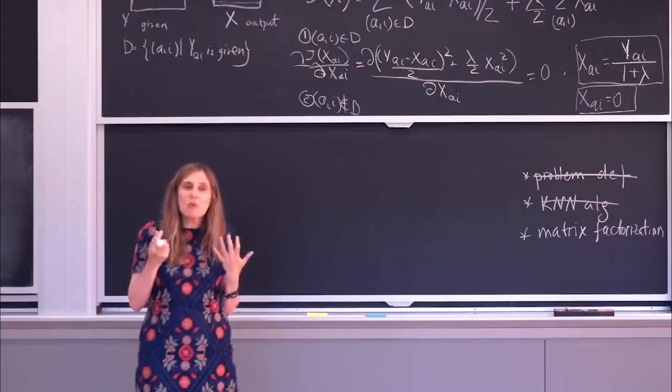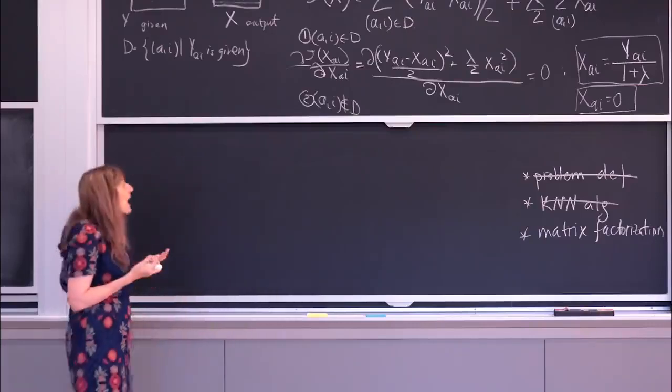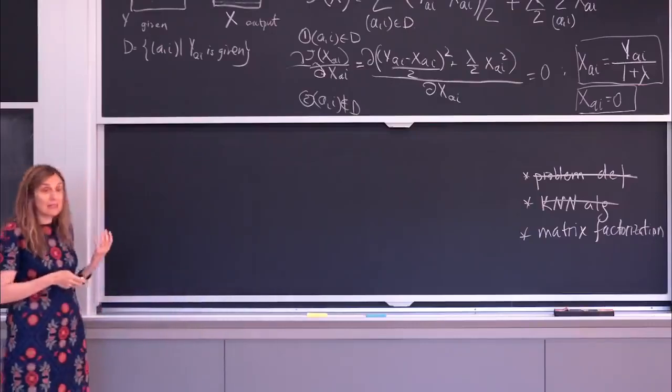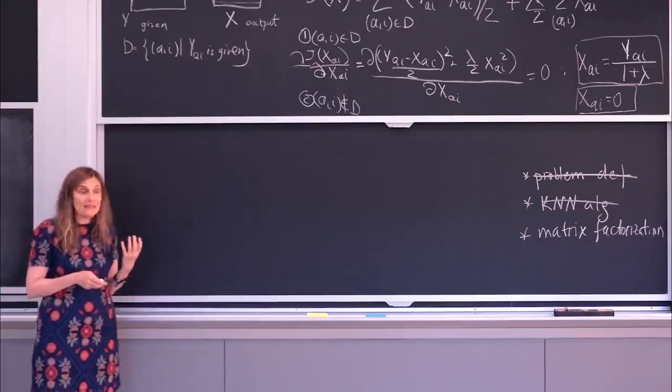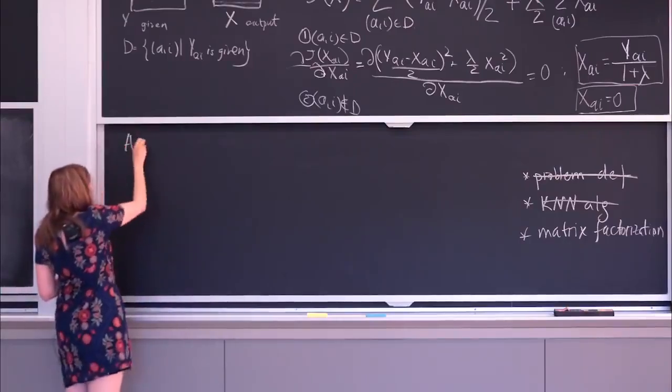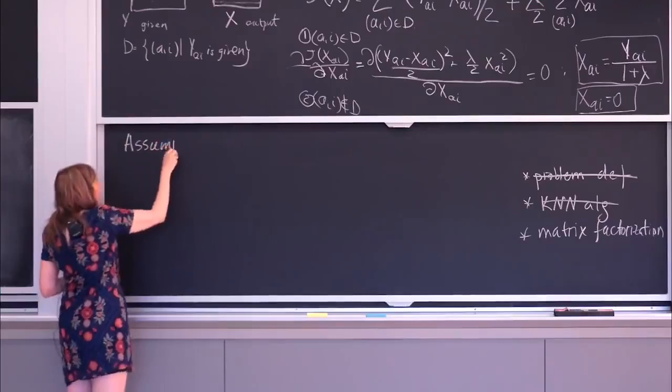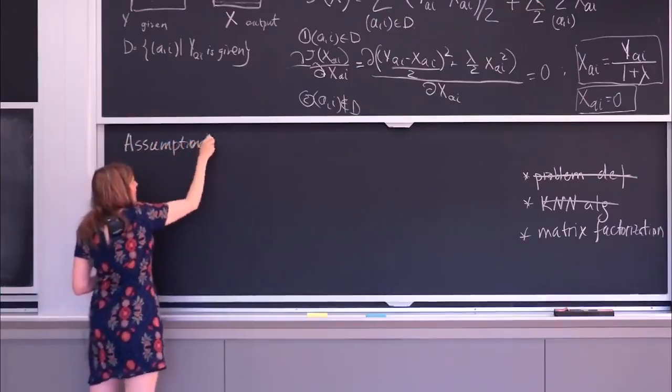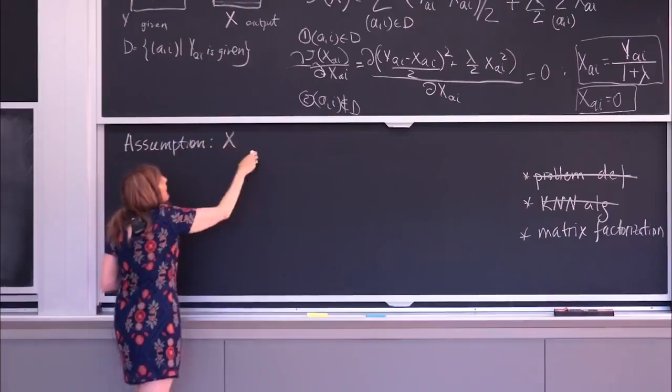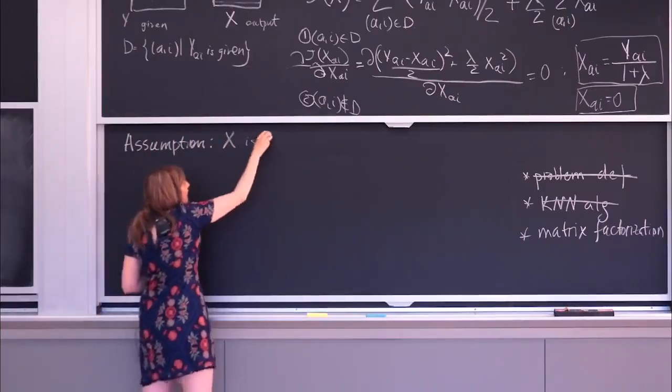So ideally we want to decrease the number of parameters. And the way we will be doing it here, we will make an assumption, and this is our assumption: that our matrix X is low rank.